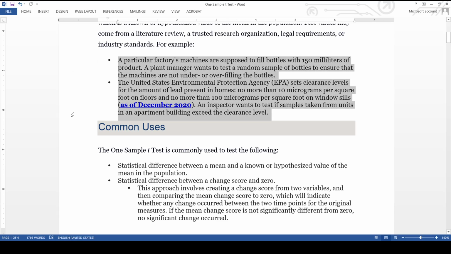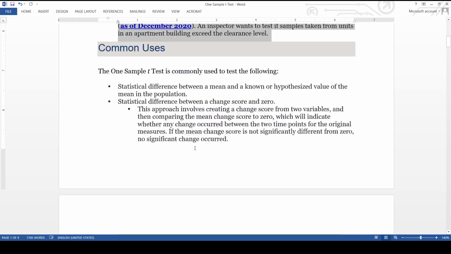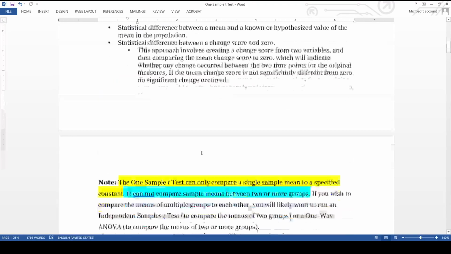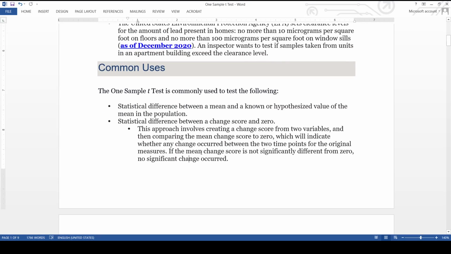We'll see simpler examples as we move on. Now, when and how do we use this? The one sample t-test is commonly used in testing the statistical difference between a mean and a known, hypothesized value. We collect the mean of each house and compare it to the value we know.